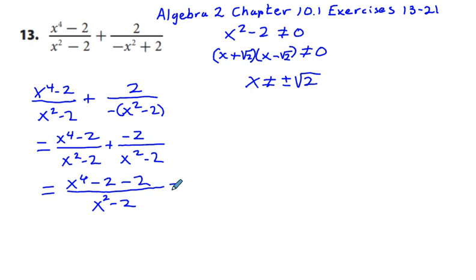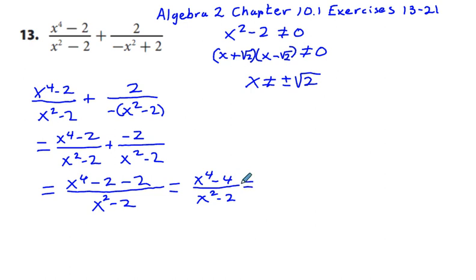And now working to the right, I'm just going to put an equal sign there. Not only equivalent, they are equal. So we have x to the fourth power minus 4 over x squared minus 2.